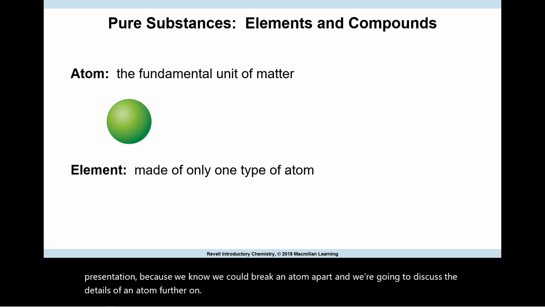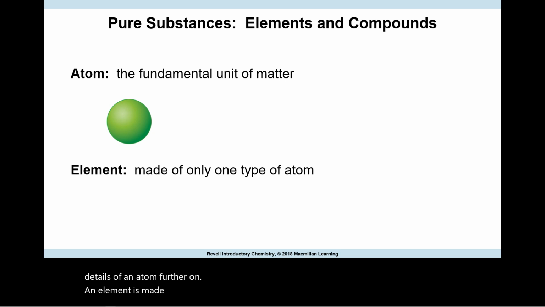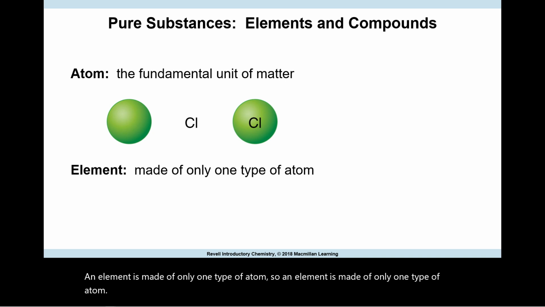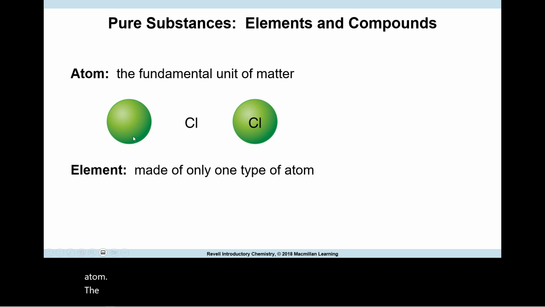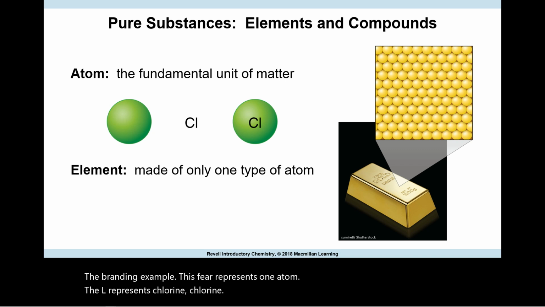An element is made of only one type of atom. So, for an example, this sphere represents one atom. Cl represents chlorine. Chlorine is an element.